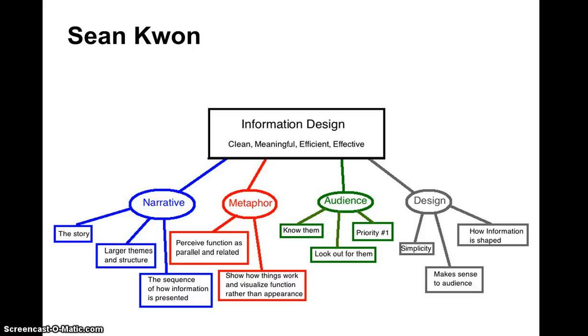Sean Kwan has used a traditional line diagram or flowchart here to group content together, using color and shape to group for us. We have to think about cognitive overload, so color helps us sort, and this is used very nicely in this case.